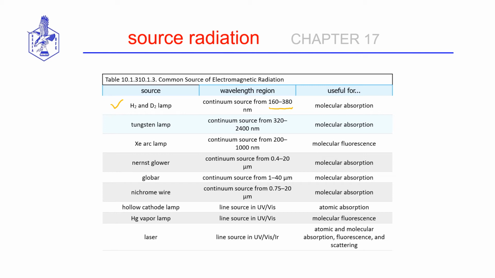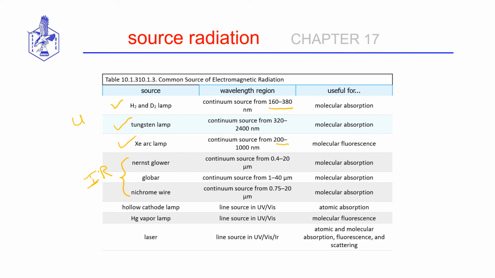So it's pretty much the visible spectrum. Tungsten lamp gets us into the ultraviolet as well. Xenon arc goes down to 200, so that's the ultraviolet and visible. If we need a source lamp for infrared spectroscopy, we're going to use these source lamps. So this is for infrared.